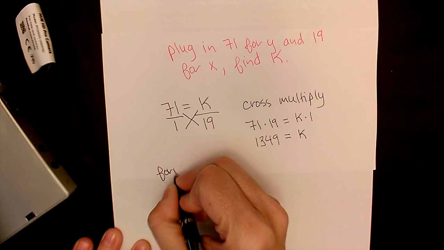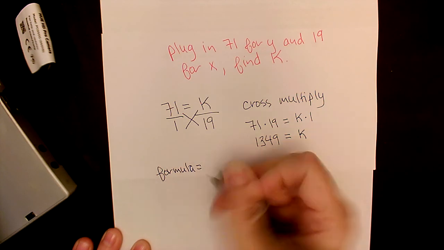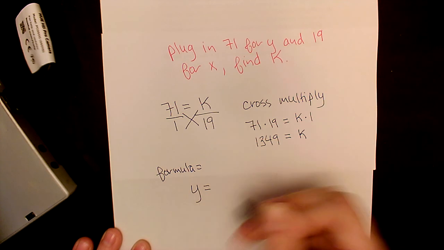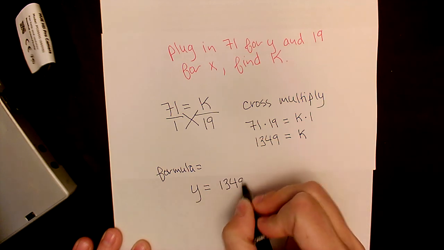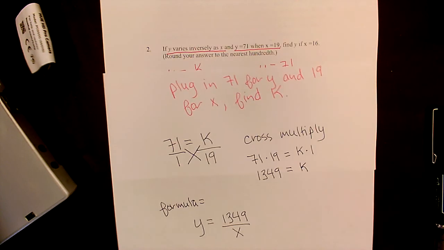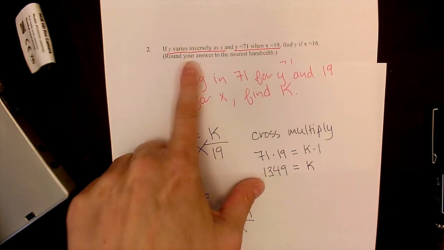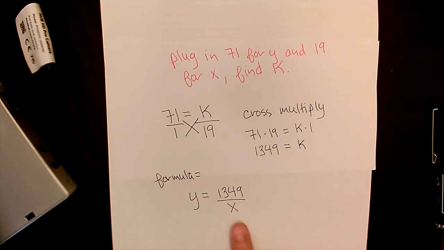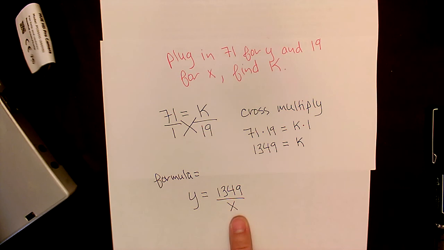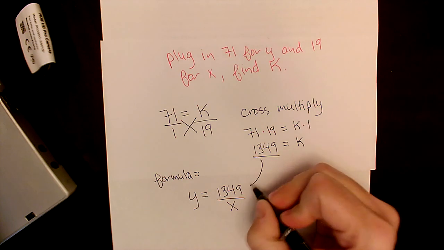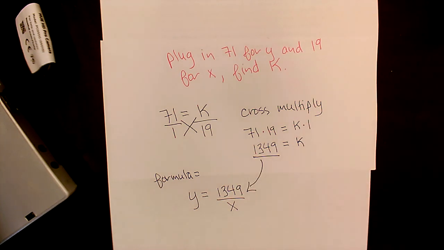Here's the formula: y equals 1349 over x. Because y varies inversely as x, remember, the x goes on the bottom, K goes on top. We found K to be 1349. I'm just plugging it in. Okay?